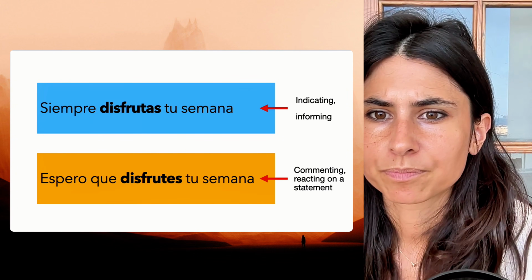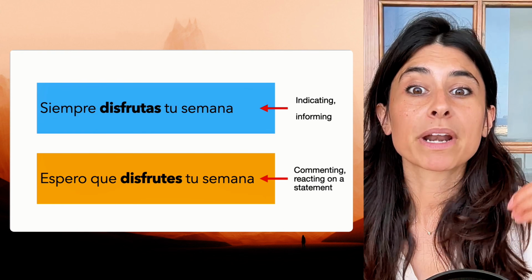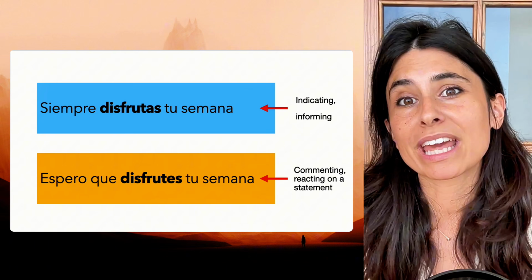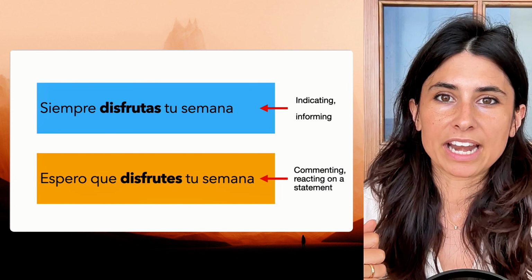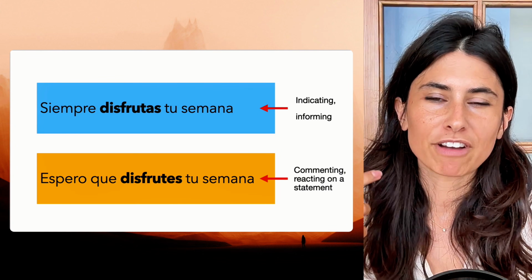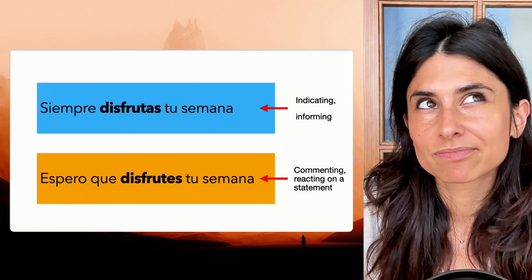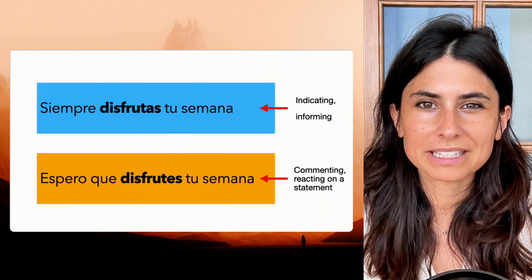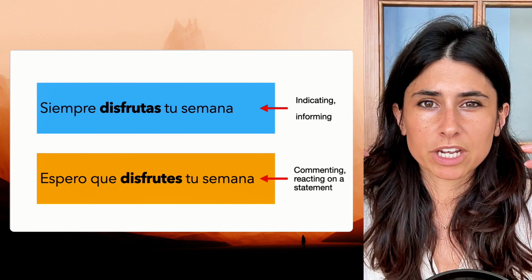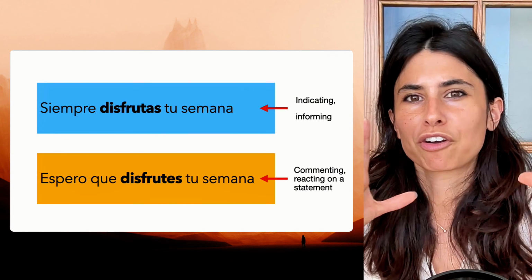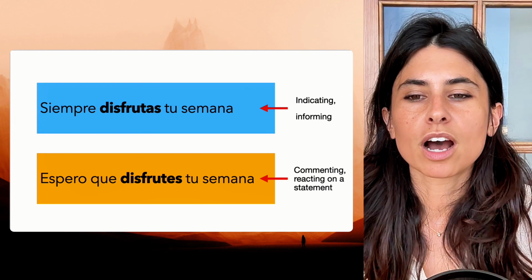Another example, espero que disfrutes tu semana. If I say espero que disfrutas, that is wrong grammatically. So in our brain as native speakers would be like, oh, grammatical error, or this person is not native.